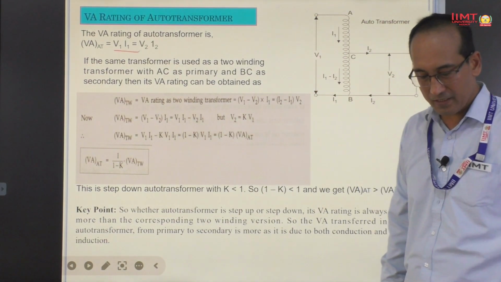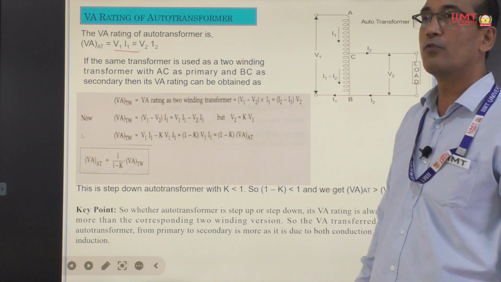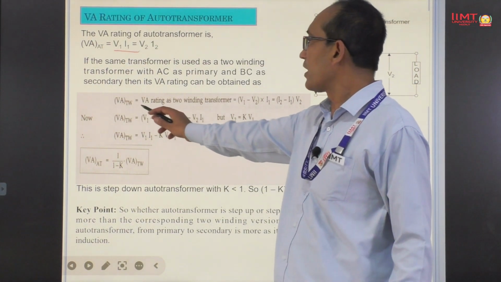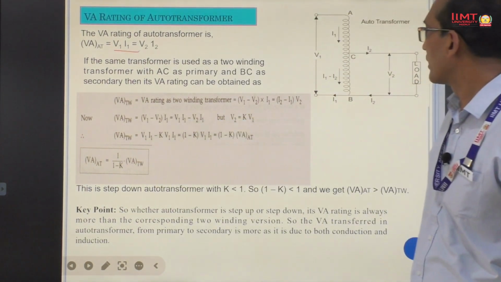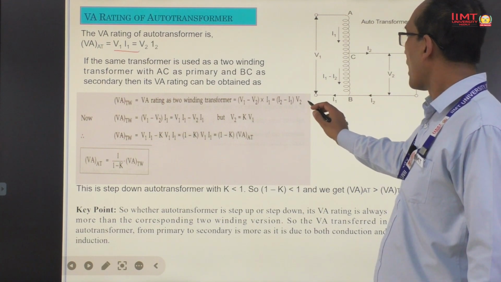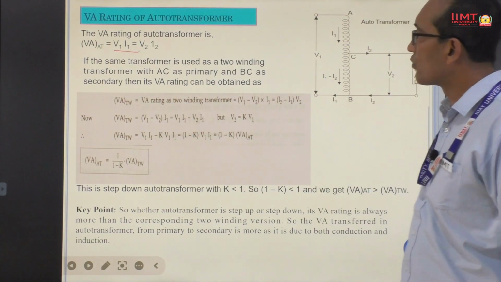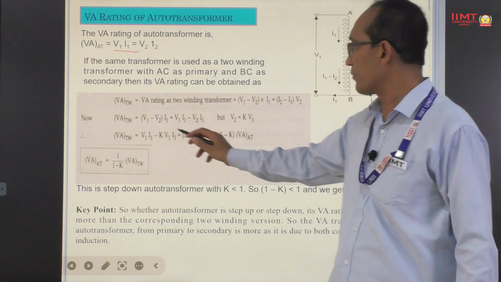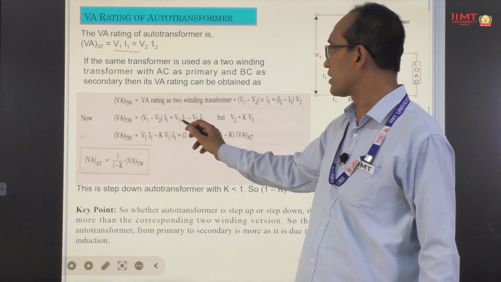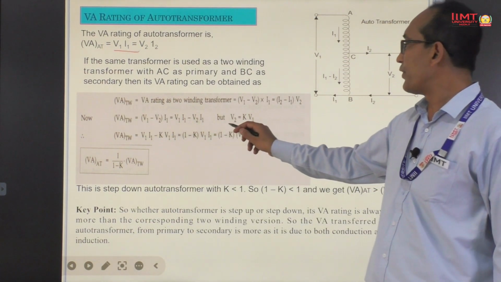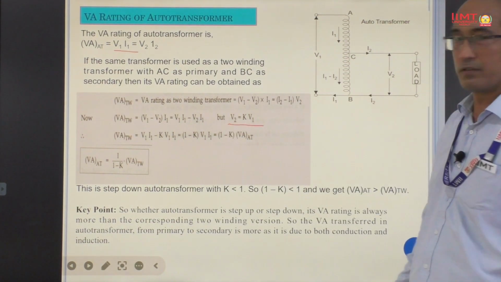And in a similar way we compare it with a two winding transformer. In the case of a two winding transformer, (V1 minus V2) I1 is equal to (I2 minus I1) into V2. And by expanding this, (V1 minus V2) I1 is equal to V1 I1 minus V2 I1, and we know V2 is equal to K V1.